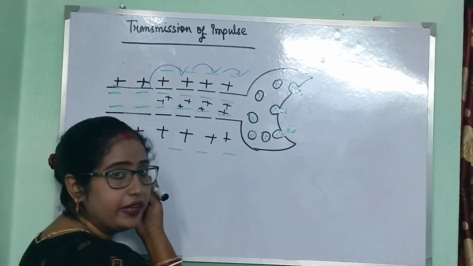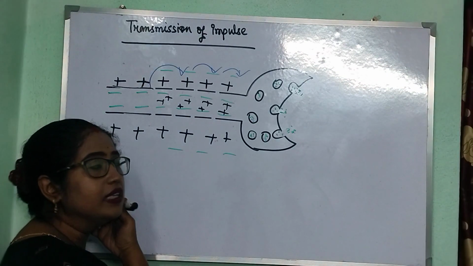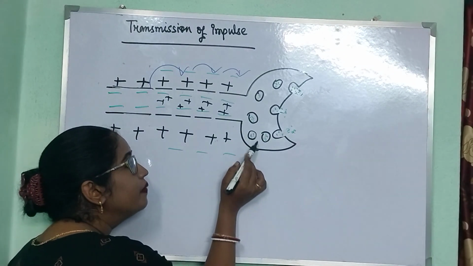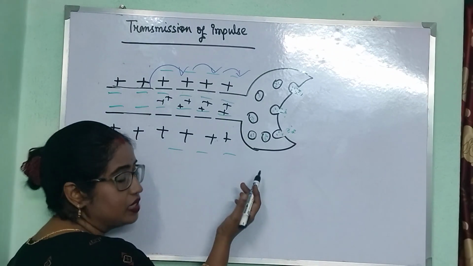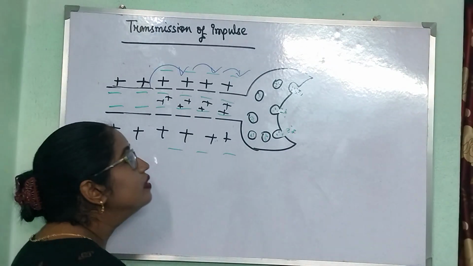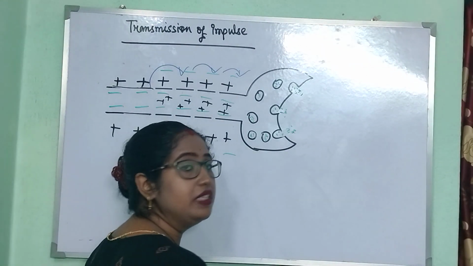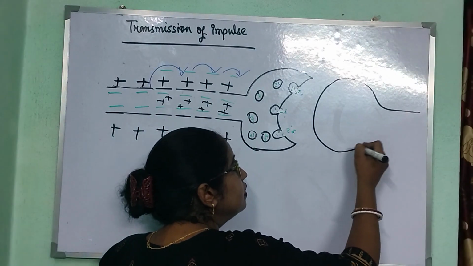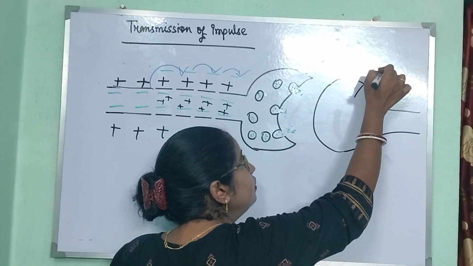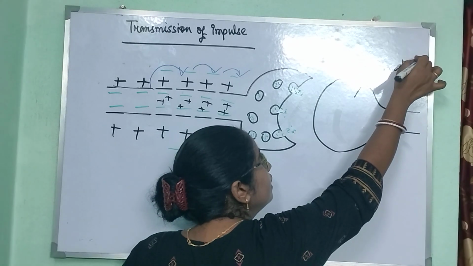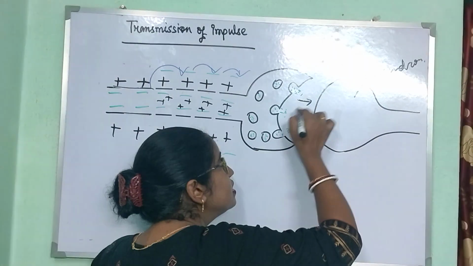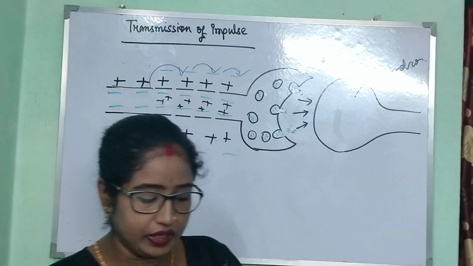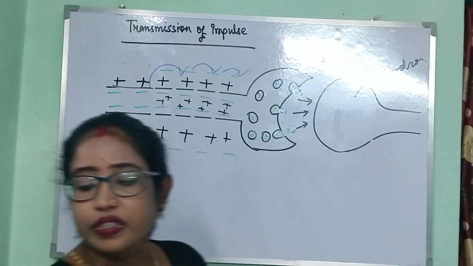The electrical impulse is carried by the ions, but after reaching the end position, these chemical substances are released, and they transmit this information to the other neuron's dendron. This is the dendron. The dendron then receives these signals and passes them to the neuron cell body.